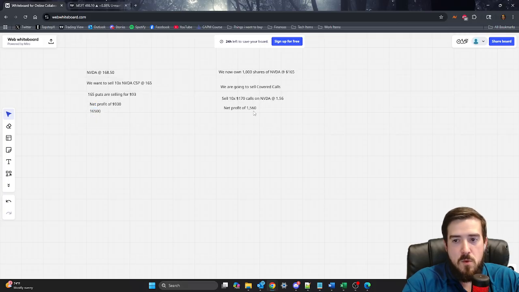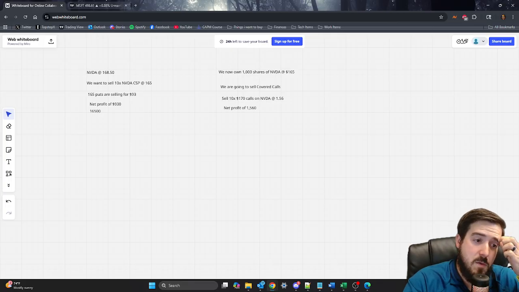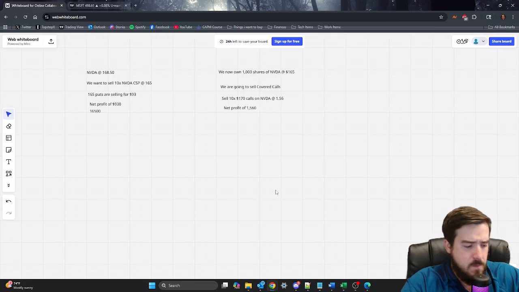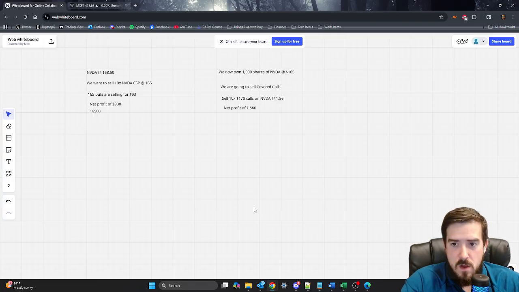So a little under 1% on that particular example, but it just is what it is. That's just NVIDIA for you. The contracts are $2.50 apart, so that's kind of why. But you can do it on all kinds of things. Again, that just gives you a brief overview.